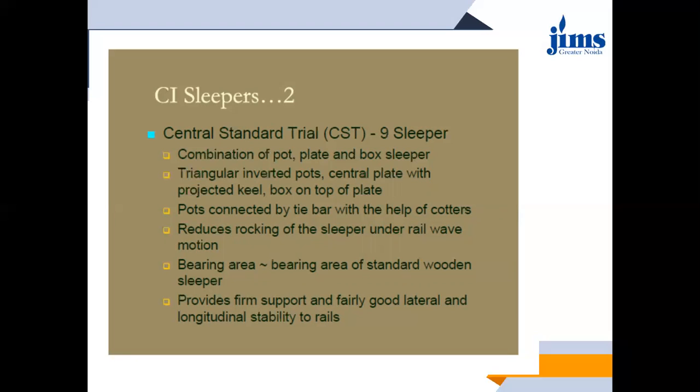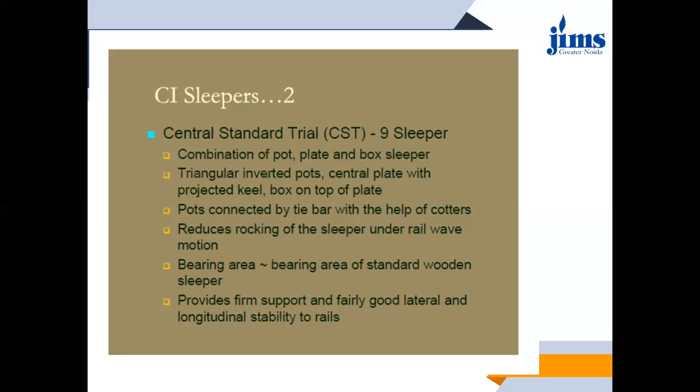They were making certain changes to the sleeper and testing it again. The protocol was to make standard trials. So on the ninth trial, this kind of sleeper came into being. Therefore, it was known as Central Standard Trial 9, that is the CST 9 sleeper.